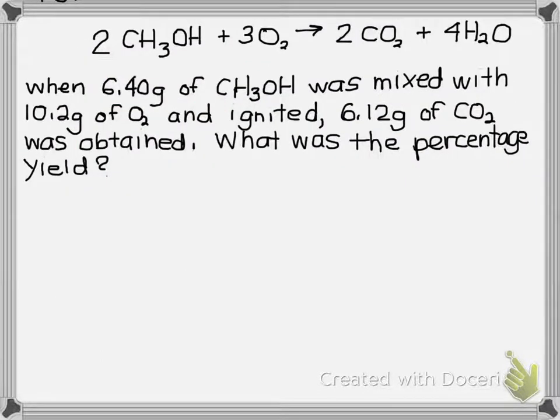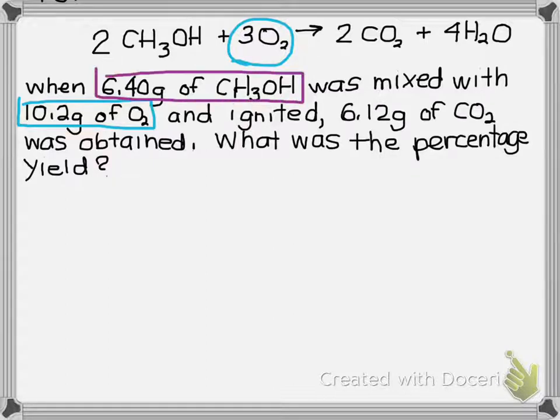Okay, so here's our problem again. And remember, I'm focusing on the 10.2 grams of oxygen, which is right here in the equation. And then I'm also keeping in mind the 6.4 grams of the methanol, which is right here.